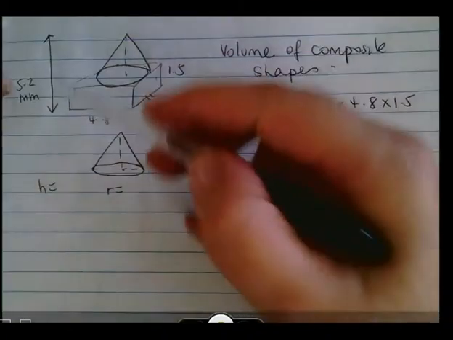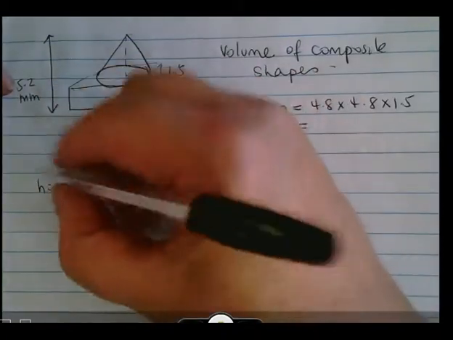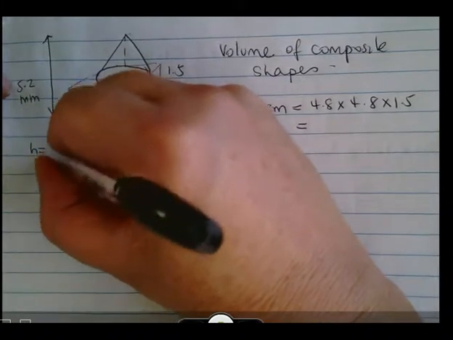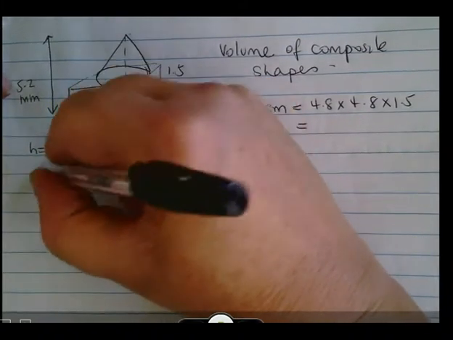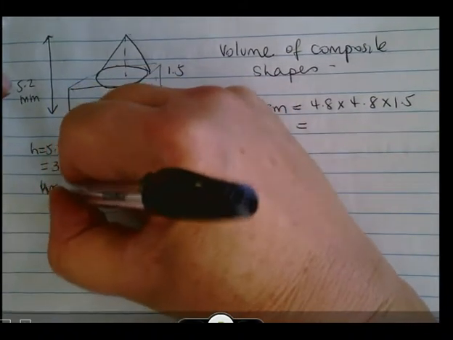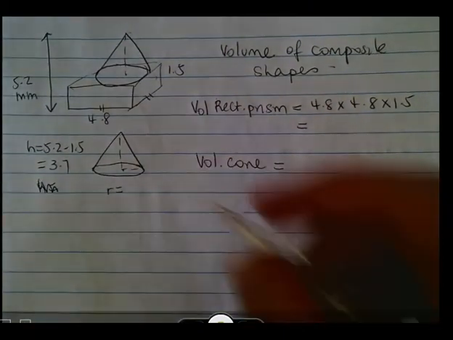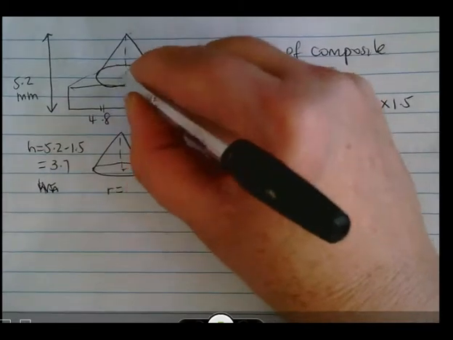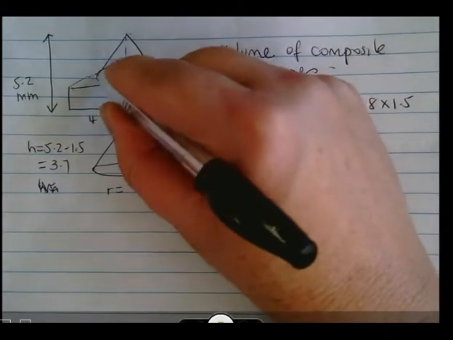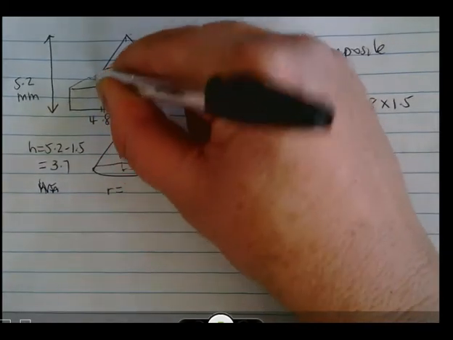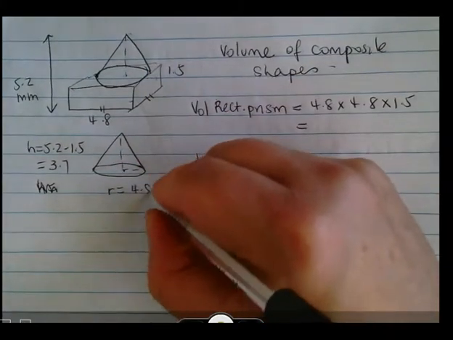Now, what is the height of the cone? Yeah, it's 5.2 minus 1.5, which is 3.7. And what's the radius of the cone? The distance across the whole. So girls, that sits directly on top. So it's half of 4.8.